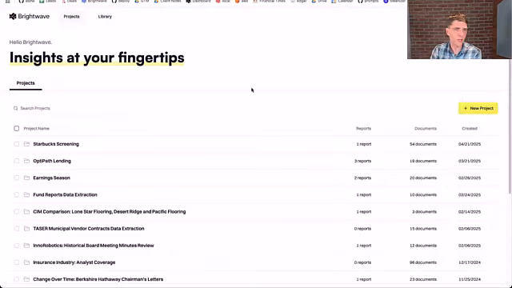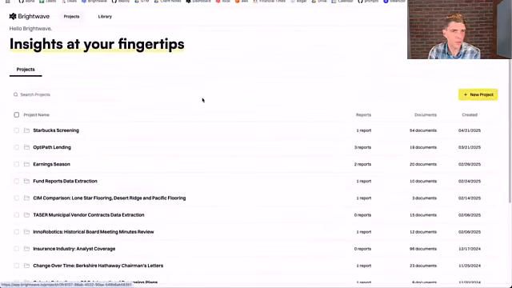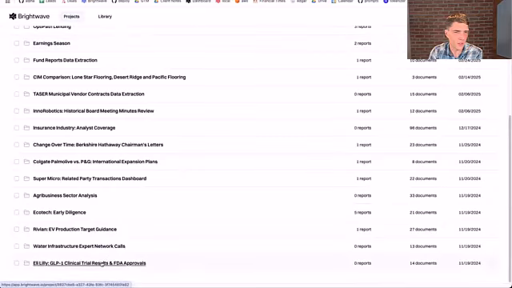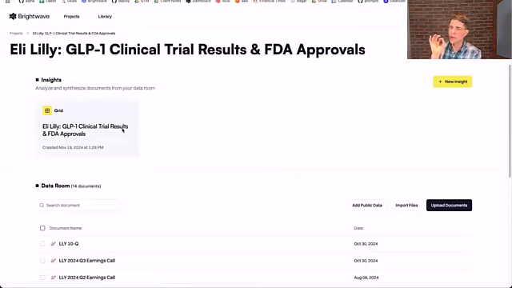So I'm going to show the platform here. We've got a bunch of different projects. I'm going to step into a few. I'll start with an analysis. You briefly mentioned understanding drug discovery and how molecules are progressing through clinical trials. So one of the ways that you can use Brightwave is to extract structured data from unstructured content.